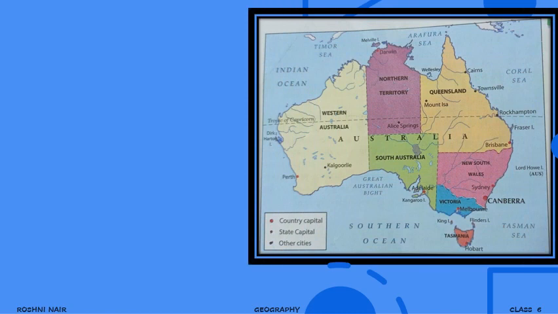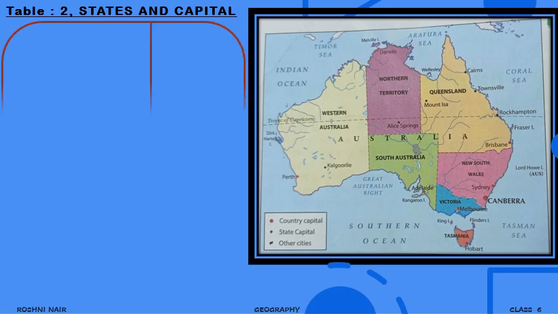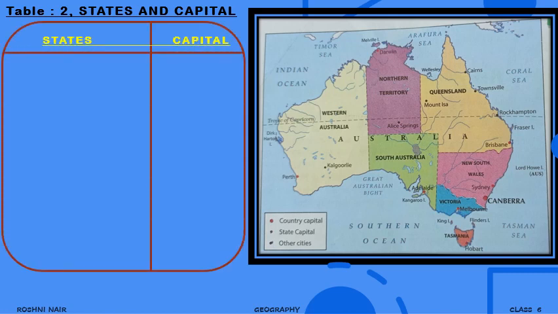Then we learned that Australia is divided into 8 administrative divisions called states, and the divisions and their capitals are very important for us to learn by heart. There are only 8, so it will be easy for us to learn by heart. First one is Western Australia, and the capital is Perth.